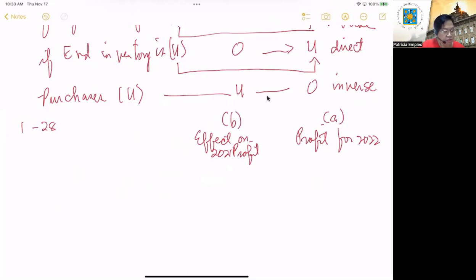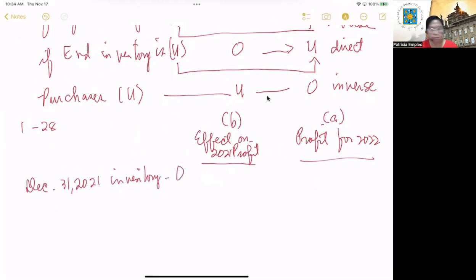Examination of the records of Grant Company for the year ended December 31, 2022 revealed the following. Inventory at January 1, 2022 was overstated by 71,000 because some inventories were counted twice on December 31, 2021. Analyzing the root cause of this error, that means that the December 31, 2021 inventory was overstated.